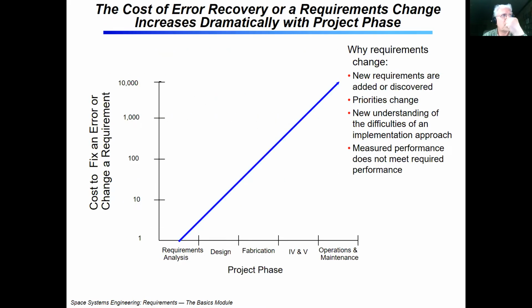Here's another way of looking at this, the cost of recovery. You're going to have an issue. You make a bad decision. That happens. But the cost of those bad decisions, again in terms of time or dollars or whatever, goes up the further along in the project that you go. These are the different project phases, from requirements through design, fabrication, and finally operations.